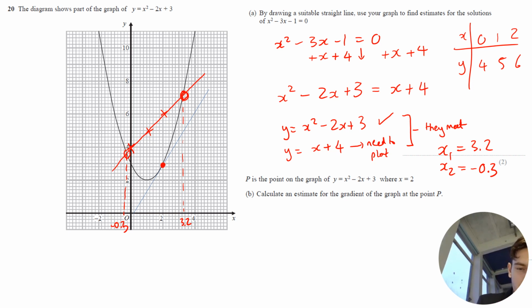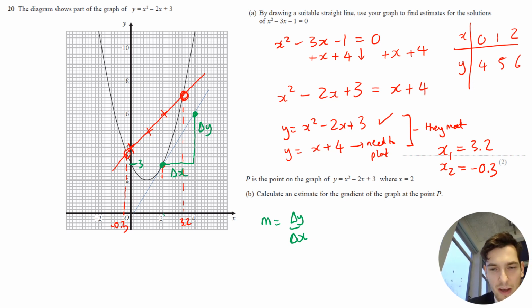So if I actually find, let me just use a different color for this. If I find the gradient between 2 points, so this point here, so 2, 3, and I think this point here is good. So if I find the gradient, which I know is change in y over change in x, then I'm going to be good.